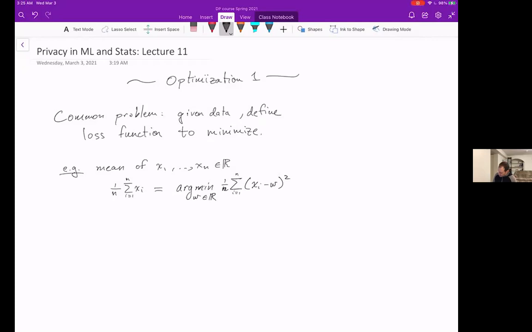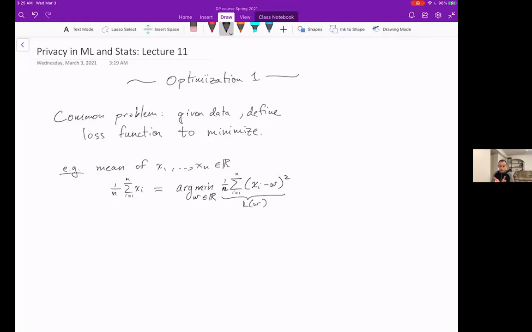Okay, so you may or may not have seen this before, but you can verify for yourself that if you take the derivative of this thing here, which I'll call the loss function L of w, you'll see that the only way to make that derivative 0 is to set w to be the actual mean of the data set.